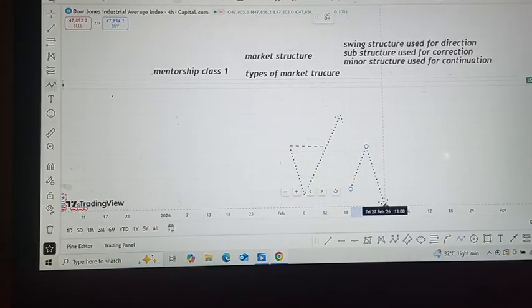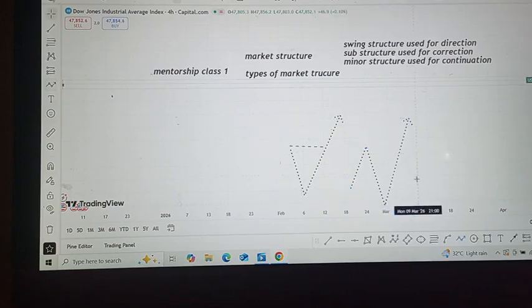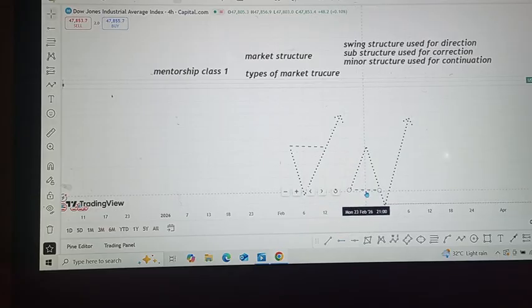We want to see a sweep of the previous low, then a break of structure. So we want this low to be taken out before we can call this a low. When this low is taken out, this low has been validated, which means by all means, we don't want this low to be taken out anymore.